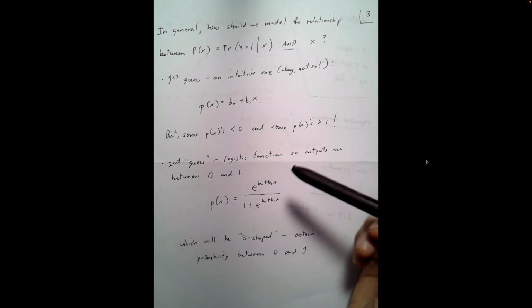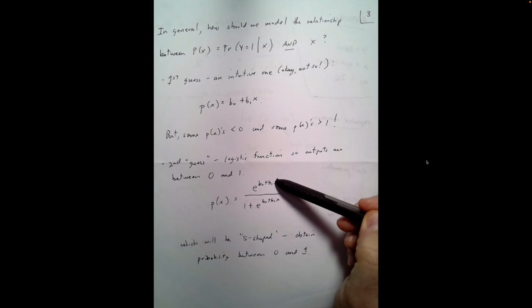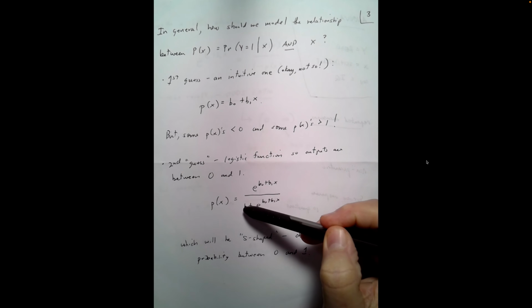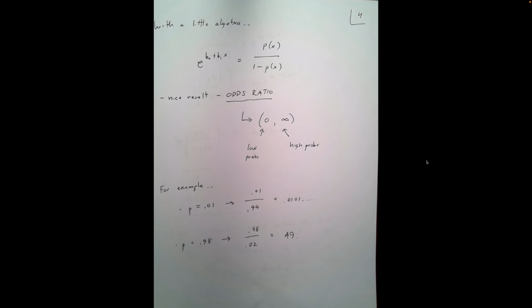The second guess is this logistic function so that the outputs are between 0 and 1. We can calculate the probability of X by exponentiating the linear function, taking e to the linear function over 1 plus e to the linear function, which turns out to be S-shaped, and the obtained predicted probabilities will be between 0 and 1. So exactly what we want.